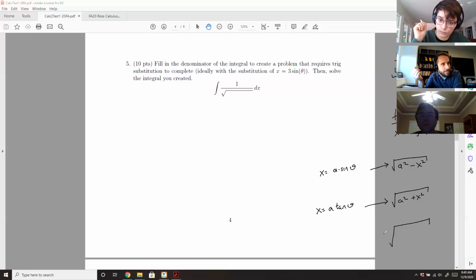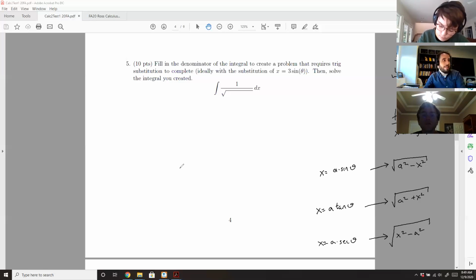For the sake of completeness, this other one, which I care less about, so I don't think you have to sweat this one quite as much, is x squared minus a squared. So we flipped the order there. And this was x equals a times the secant of theta.